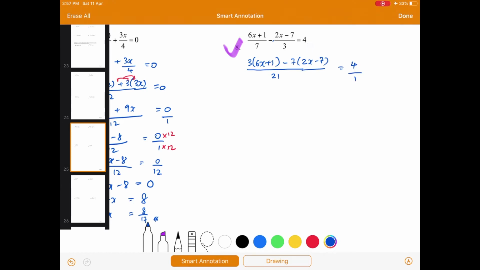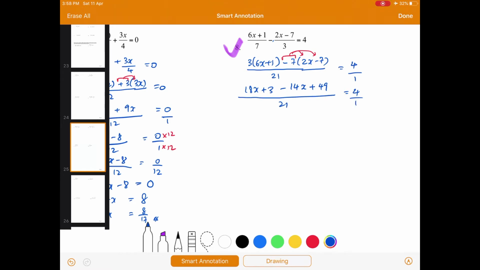So let's expand this fraction. We will get 18x plus 3. Then minus 14x. Please take note that you're expanding negative 7 inside. So there will be a change of sign. We will get plus 49 divided by 21.